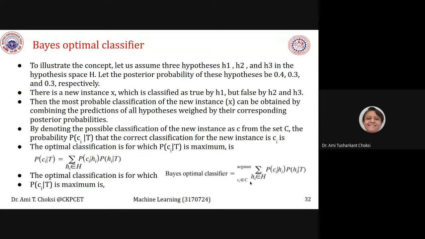Now we have to consider this for each concept. For Bayes computer is equal to yes and Bayes computer is equal to no, we have two concepts, or you can say two classes. For that we find the maximum posterior probability, and that will give us the Bayes optimal classifier, right?